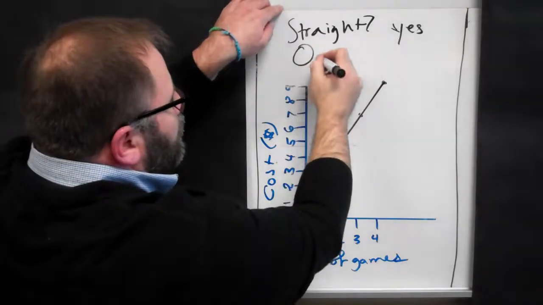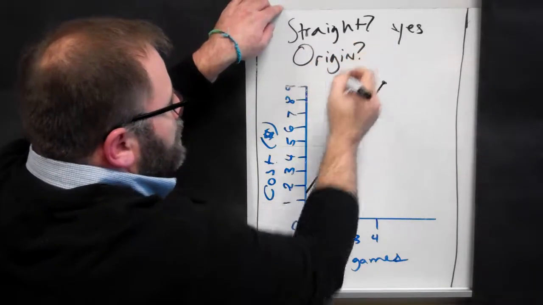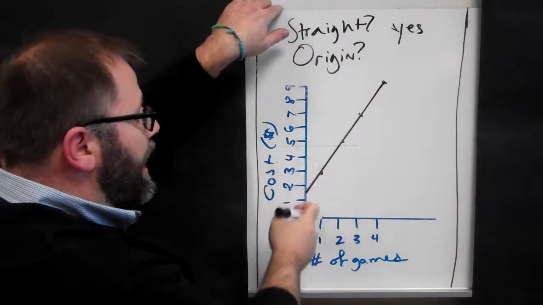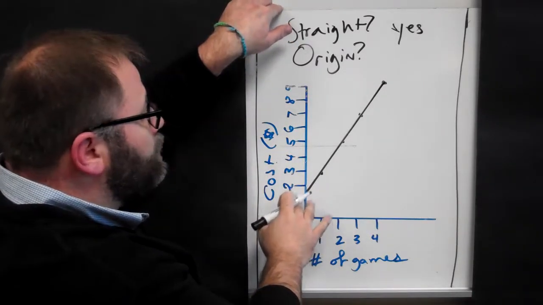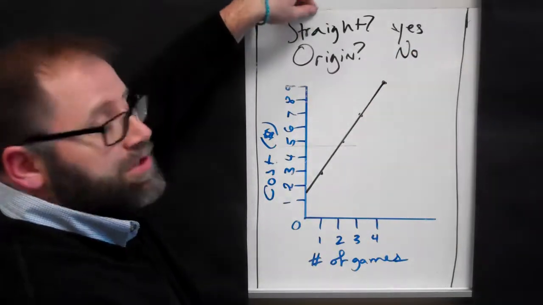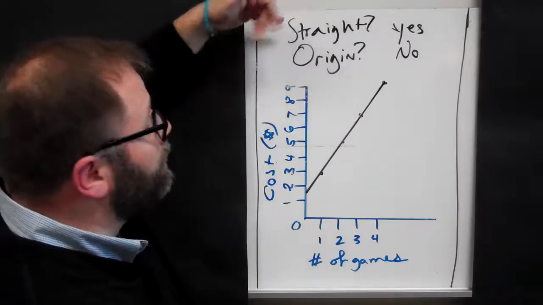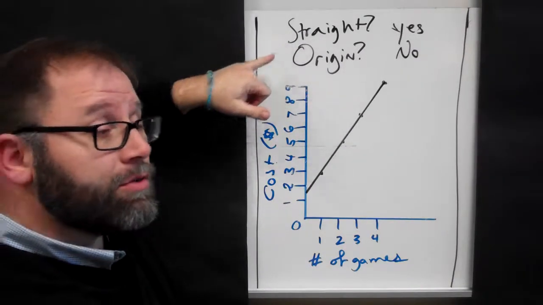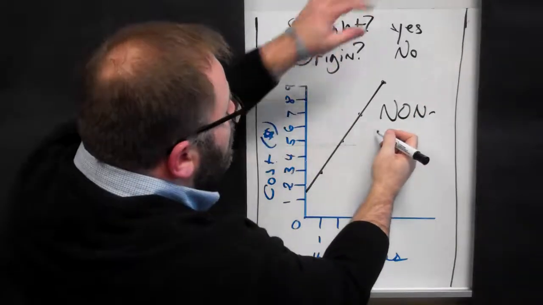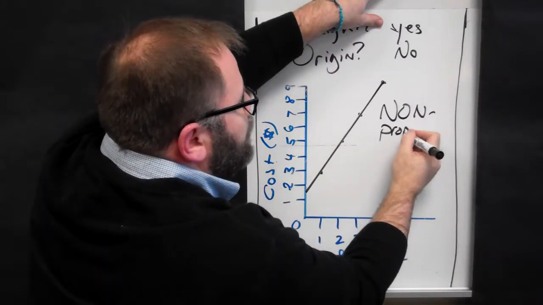Does the line go through the origin? It doesn't. It ends up hitting the y-axis somewhere between 1 and 2. So our answer to that is actually no. So since we didn't satisfy the criteria of it being straight and passing through the origin, we know that this is non-proportional.